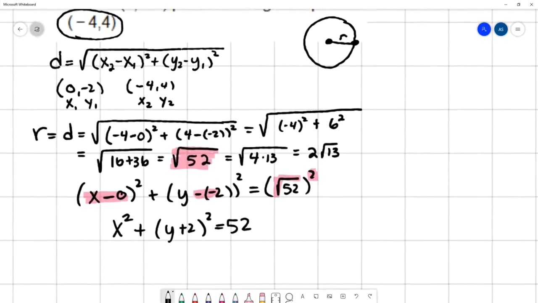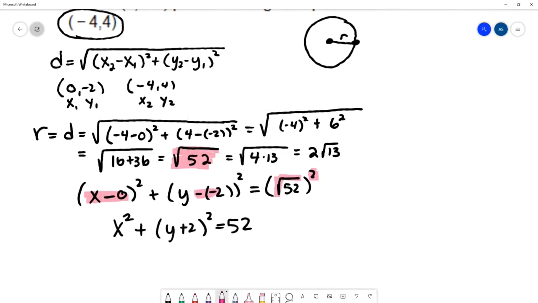Now before I wrap this question up, if you did decide to simplify your radius all the way to 2 square root of 13, I want to show how you would simplify that. If you use the radius as 2 square root of 13, and you had to square that, you would square the 2 and square the radical. 2 squared is 4.